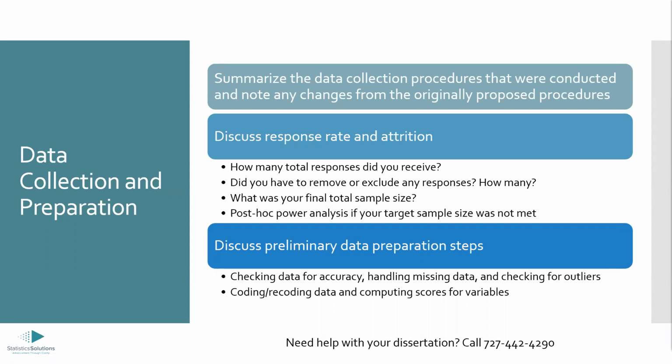Can also involve coding or recoding data, such as if you have survey data and survey responses that need to be reverse coded, you may need to include details about that, and include information about computing composite scores for any relevant variables. So if you're, again, doing a survey study and you have survey instruments that include multiple items that measure a certain variable, how are you going to compute a score for those items to get a score for the variable that you're using in your analysis?